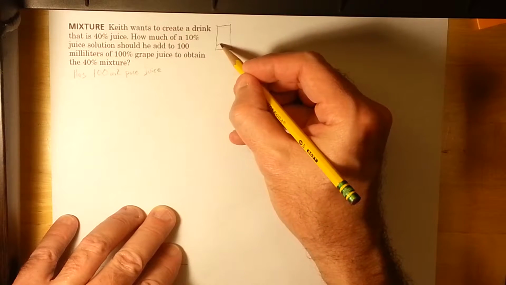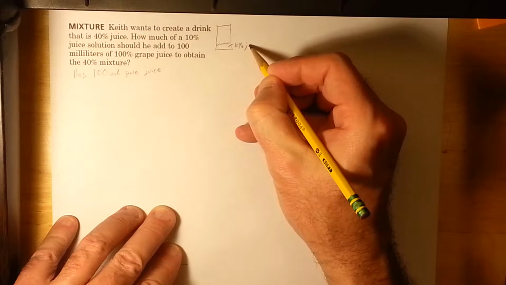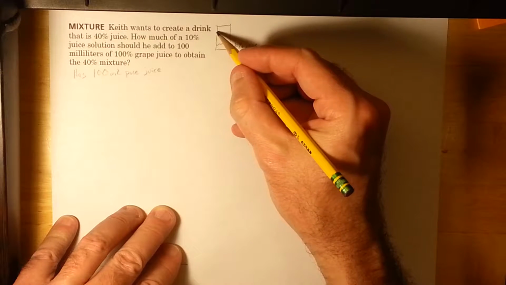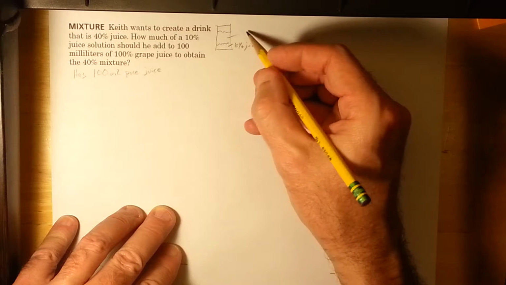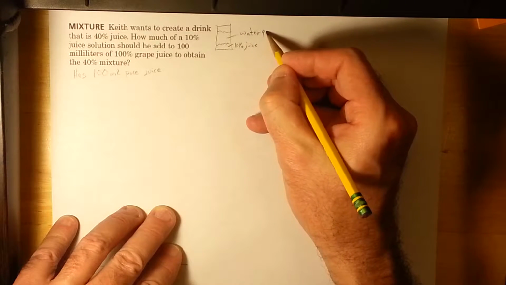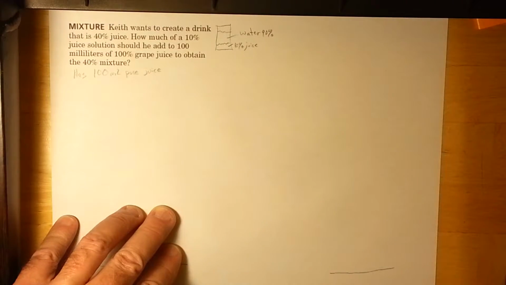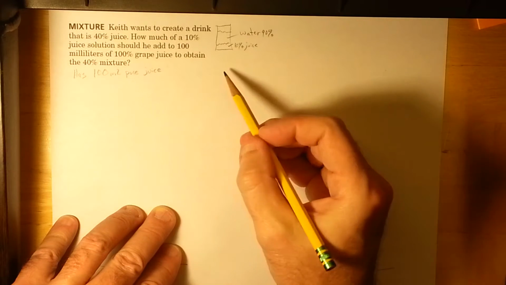It contains only 10% juice, so that means 90% of this is water, or whatever the other part is. So he's going to pour it into the 100% juice and try to get to a 40% mixture.